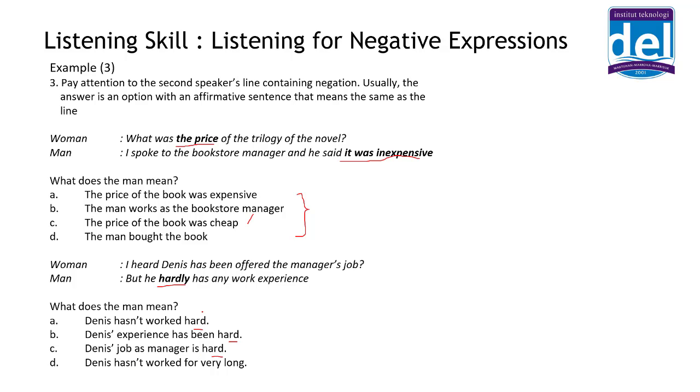The answer is saying he hardly has any work experience. It means that he didn't really have plenty of work experience, meaning Dennis hasn't worked for very long. So the answer for this question is going to be D, Dennis hasn't worked for very long.